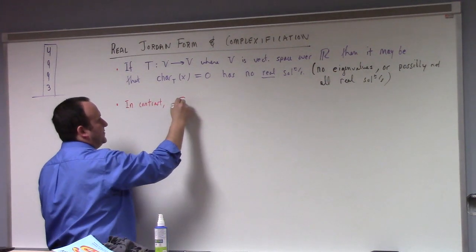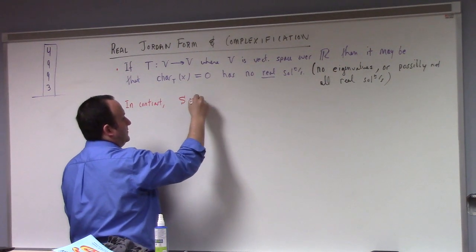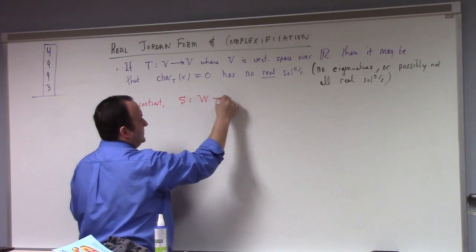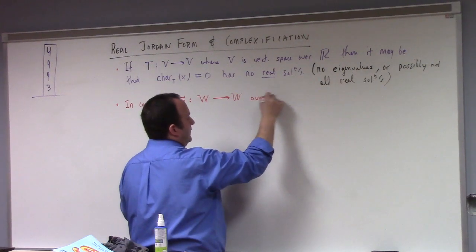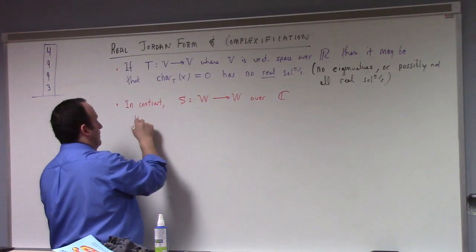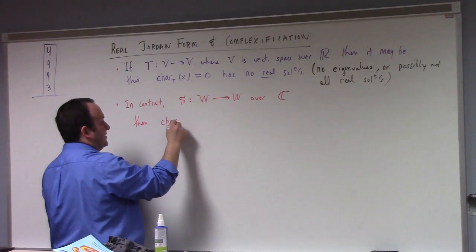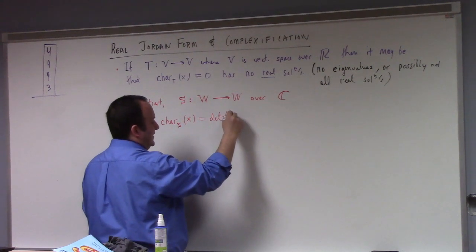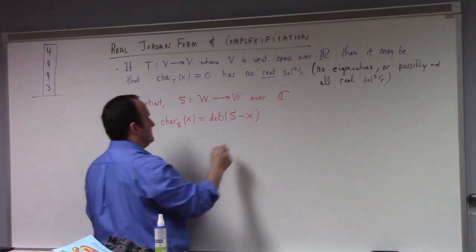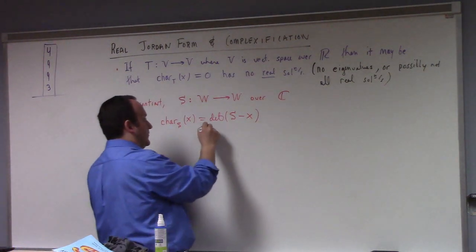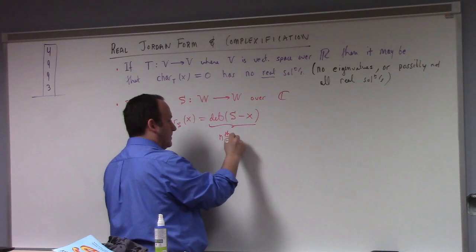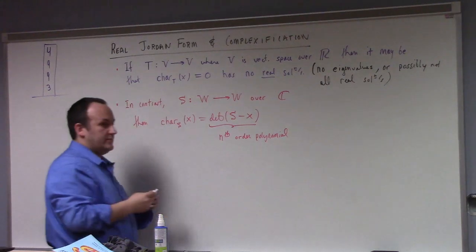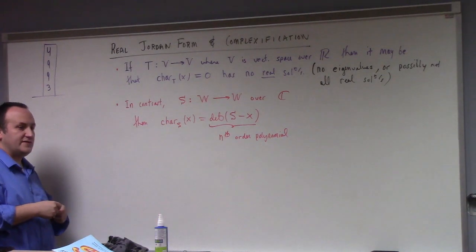If we had a linear transformation, say S, going from a vector space W to W over the complex numbers, then look at the characteristic polynomial of S, which was the determinant of S minus x. This is an nth order polynomial, right, with coefficients in C.